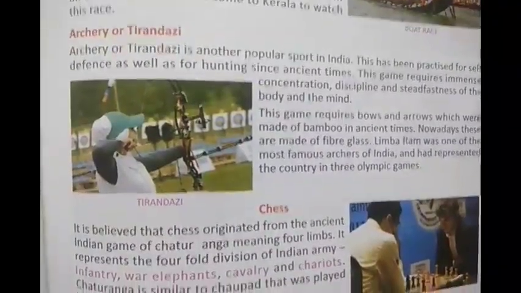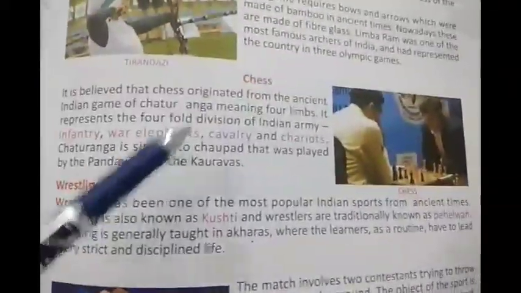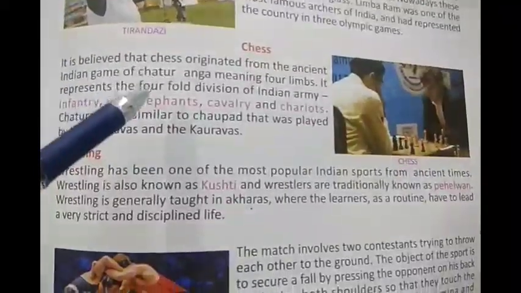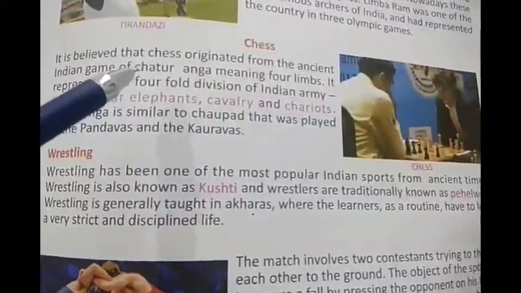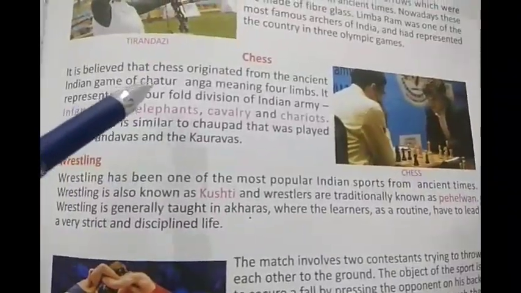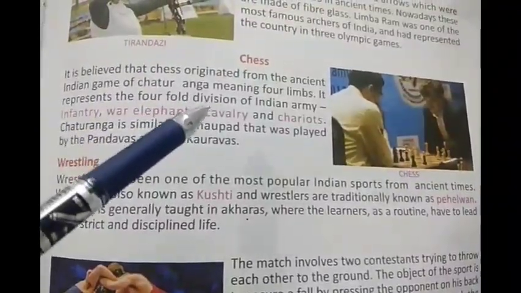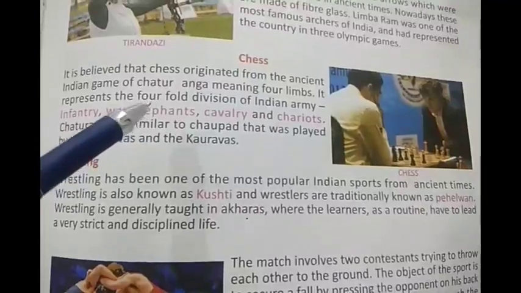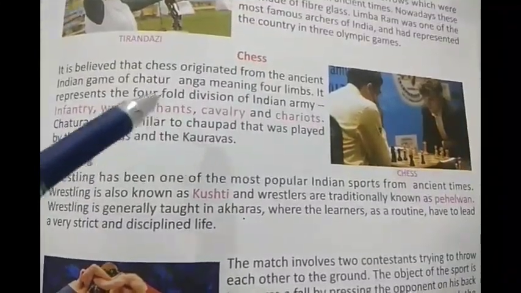Then coming to the next interesting game, it is chess. It's a game of intelligence, you can say a game of wisdom. And even this chess is there from the ancient times, and it has come from Chaturanga, the Indian game of Chaturanga, meaning 4 limbs. And these 4 limbs represent the 4-fold division of the Indian army.